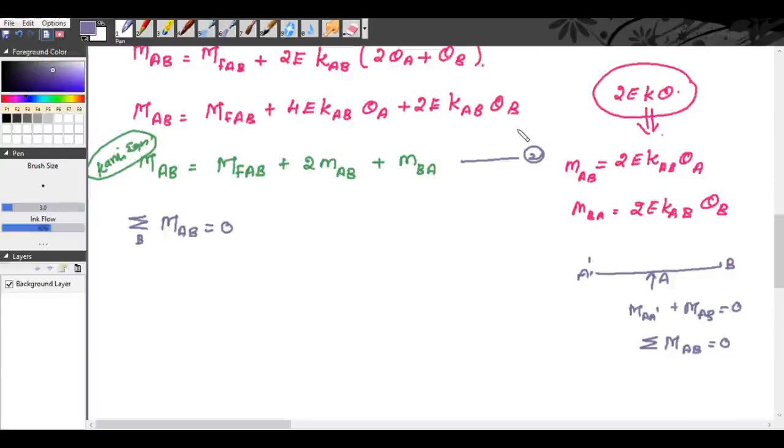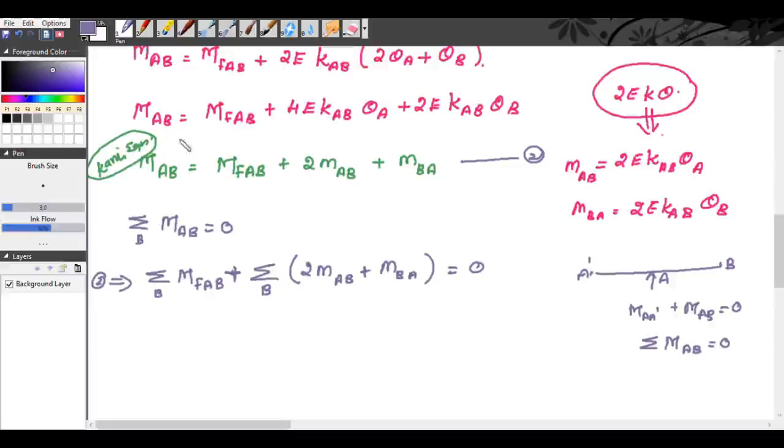So from equation number 2, we get sigma B of MFAB plus sigma B of 2MAB plus MBA is equal to 0.